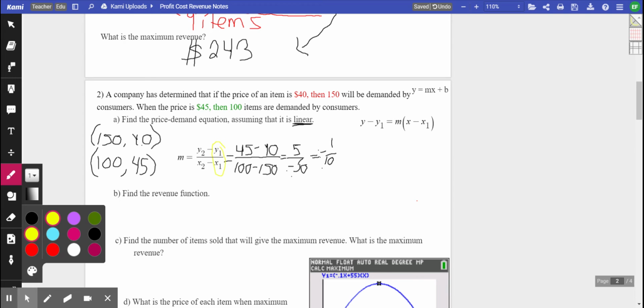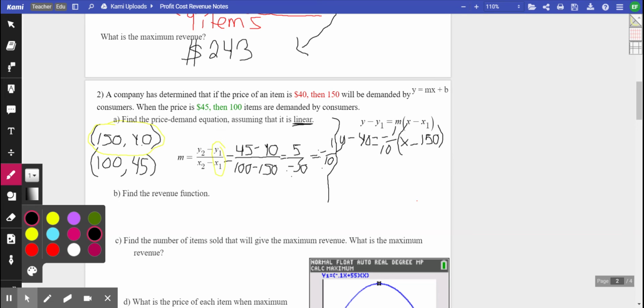You just have to pick one. So for the sake of argument, I'm just going to use the first one. I'm going to plug those values in appropriately for the x1 and the y1. I'm going to plug in the m, the slope that I just found. And then always keep the y and the x in the equation. So separate this out. I have y minus 40 equals negative 1 over 10 times x minus 150.